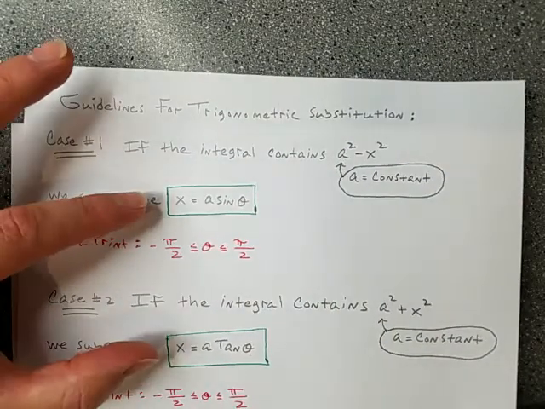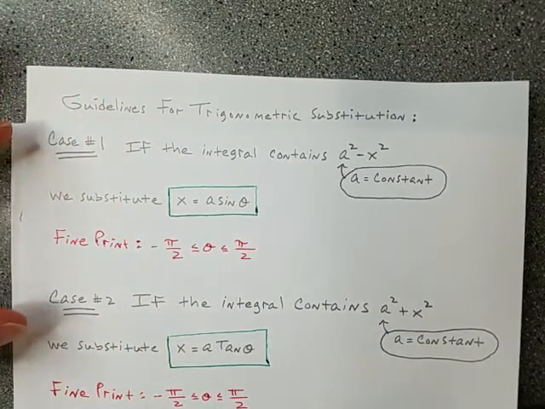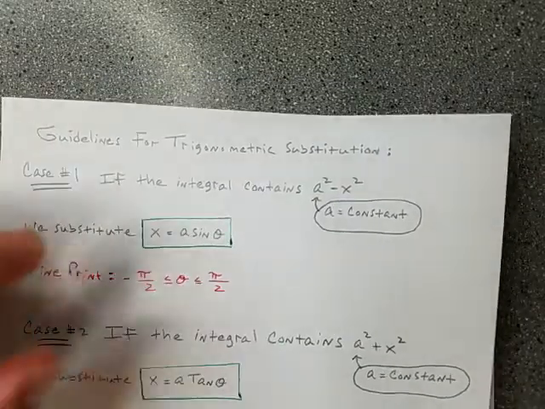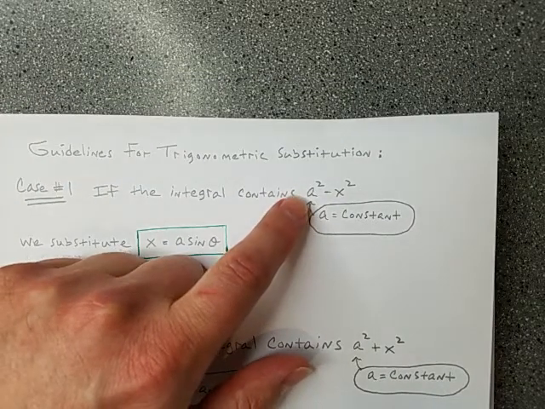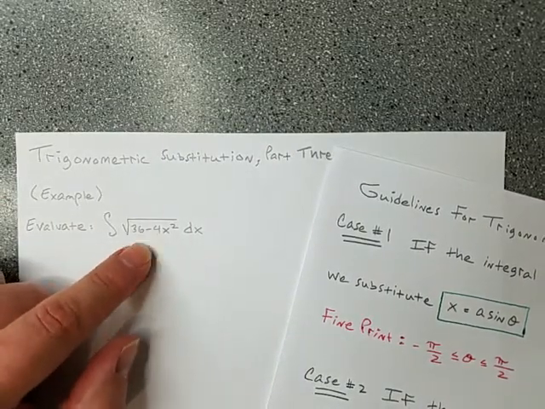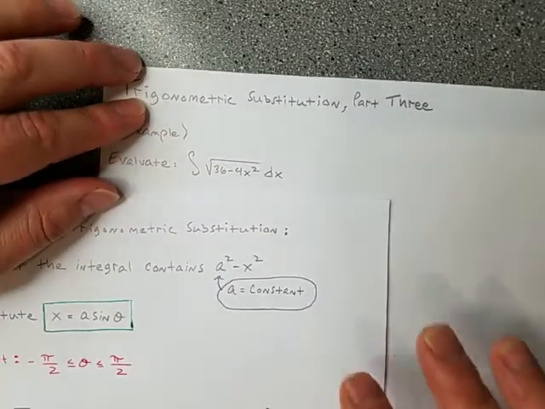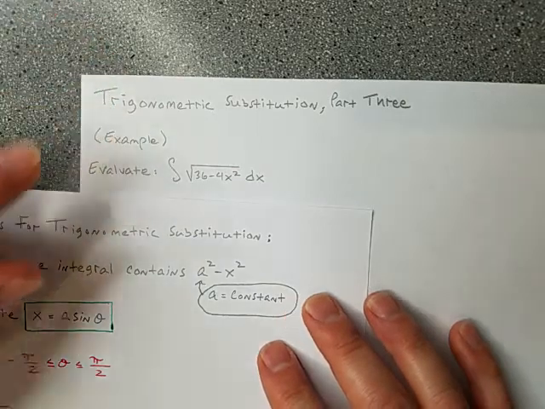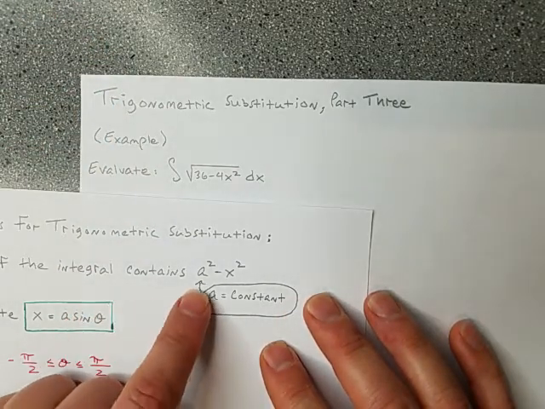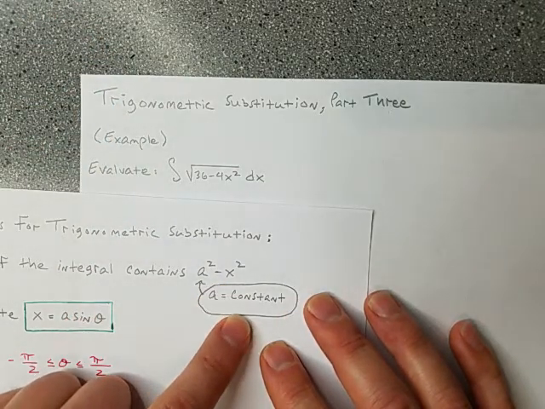And remember, when it comes down to choosing your substitution, I divided it into two cases, and I said the problem will have a difference or a sum of squares like this. So it appears to have a difference of squares, but not quite. So let's look at these together as best we can. Here I say that the integral contains a squared minus x squared. A is a constant.